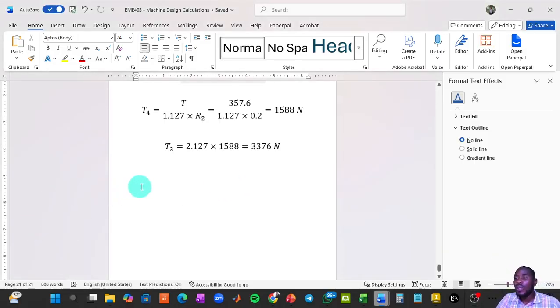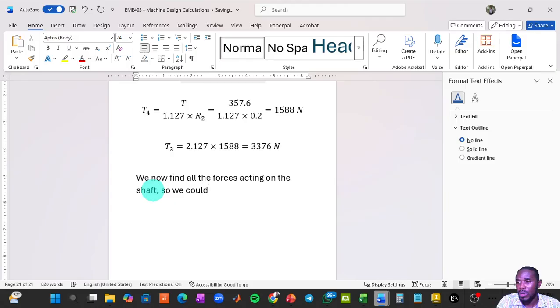So the forces acting at point C, let's call them FC. We now find all the forces acting on the shaft so we could determine the bending moments at the critical points in the shaft.